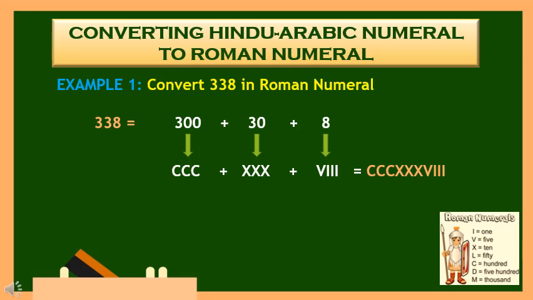Now we will write all these together, that is CCC, XXX, VIII. This gives 338. So 338 in Roman numeral is written as CCC, XXX, VIII.